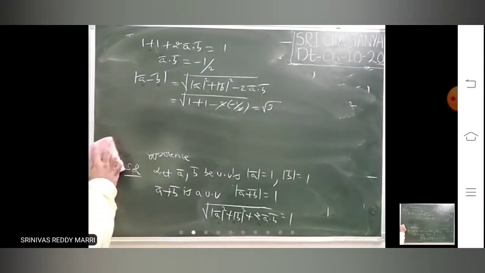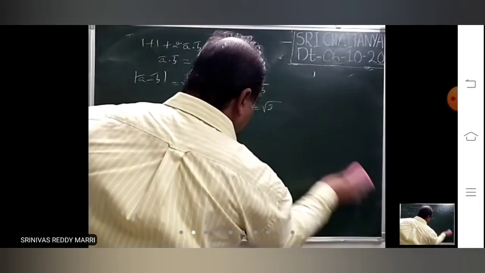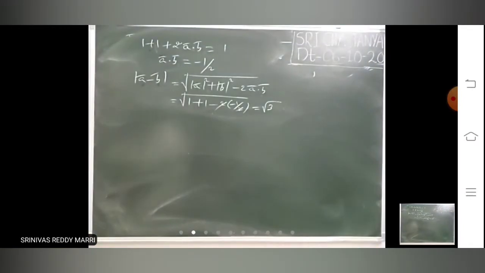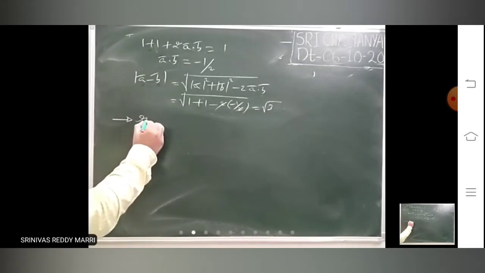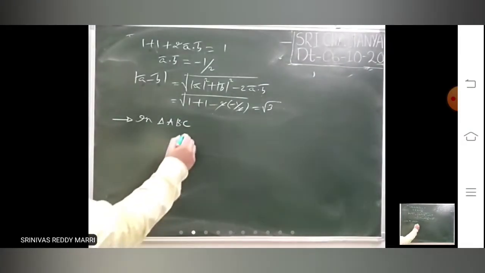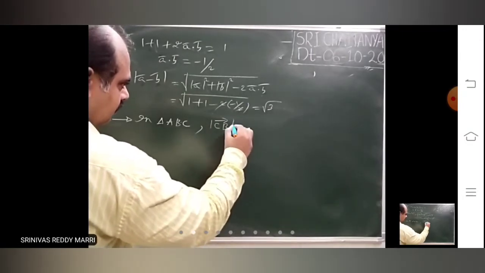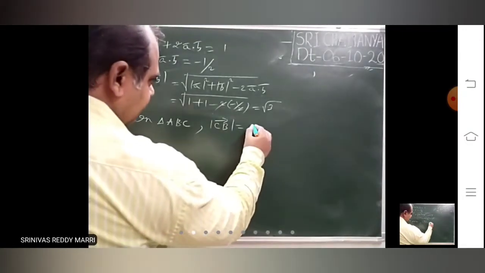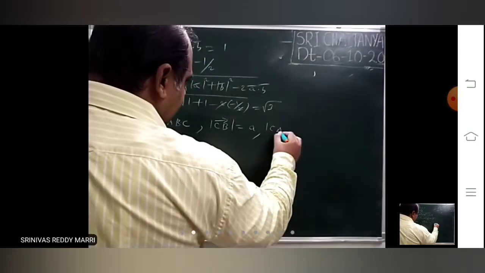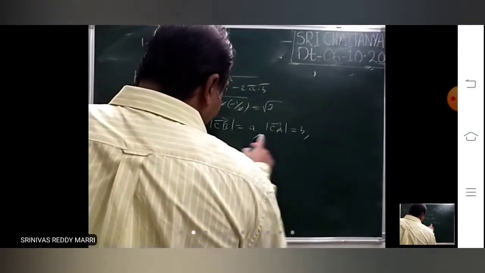Look at the next problem. In triangle ABC, modulus CB bar equals a, modulus CA bar equals b.